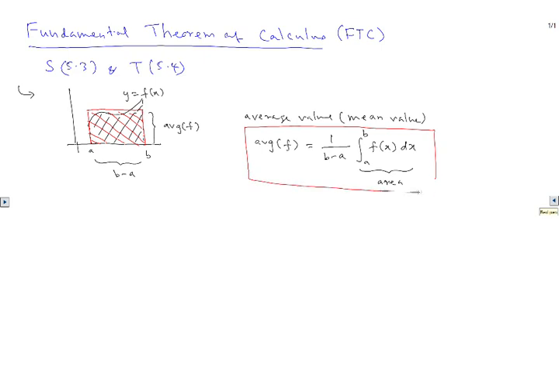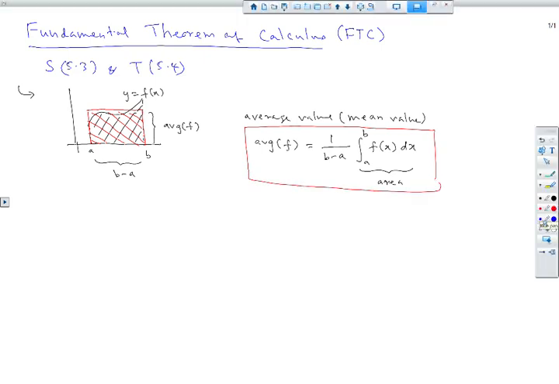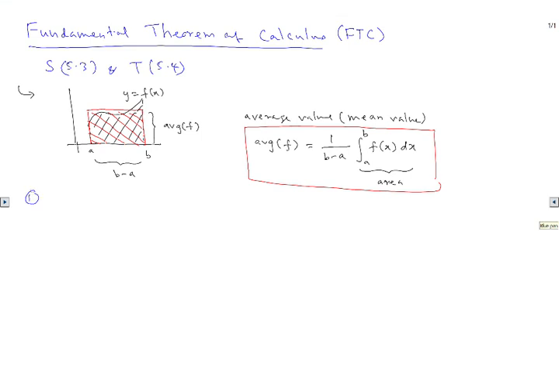Now let's learn a little more about the fundamental theorem of calculus. There are two versions. This is part 1. Let's look at the same idea we talked about earlier.